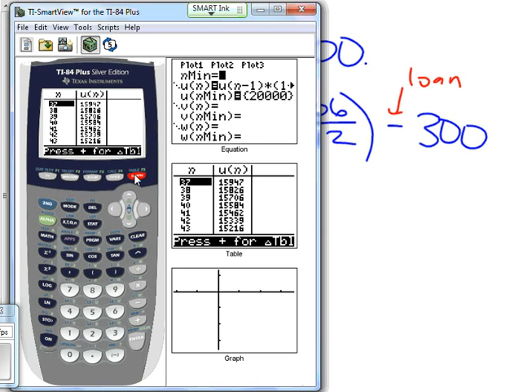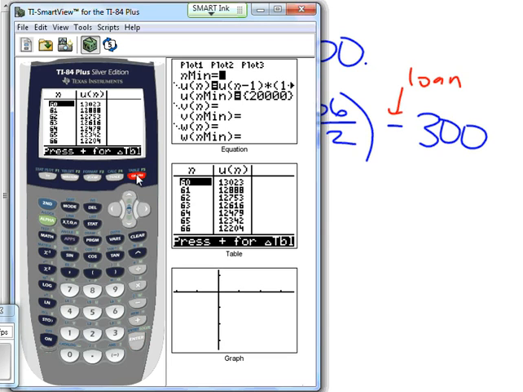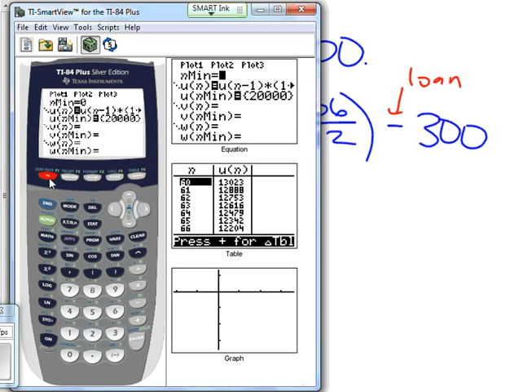So we should really be going around 60 to see if it's paid off yet. So I go up here to 60, and is it paid off yet? If it's not paid off yet, then we need to make a bigger payment, right? How close are we? Well, we're only like halfway paid off. So maybe 400. Then you go back here, and you change it to 400.